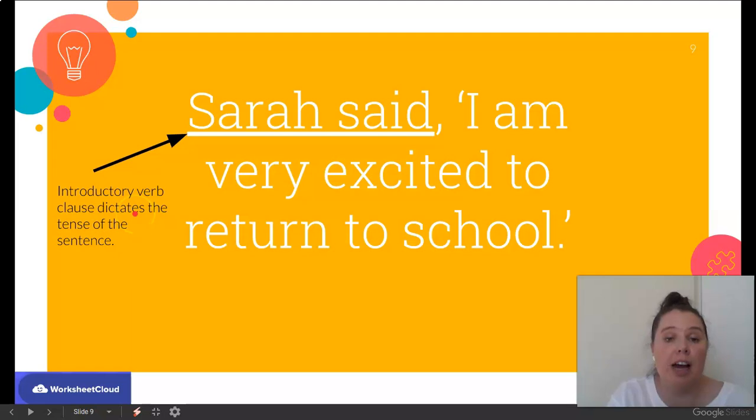And the introductory verb clause dictates to you what the tense of the reported speech will be. So, Sarah said. Said is past tense, which means when I rewrite my sentence in reported speech, it must be past tense. That is why the tense and the introductory verb go together, and why it's so important to take notes.